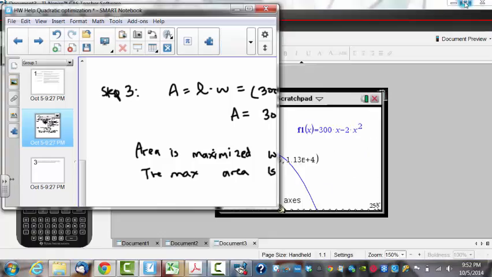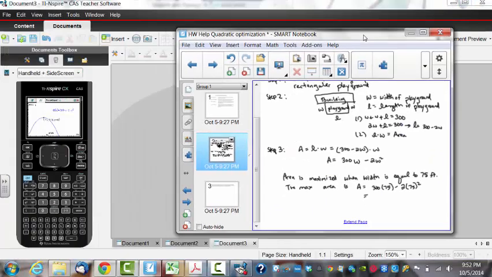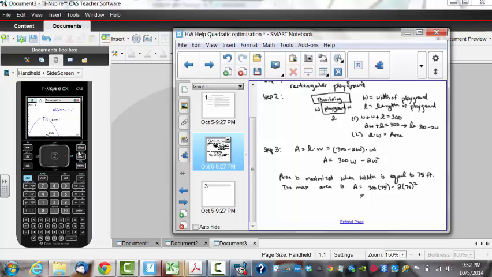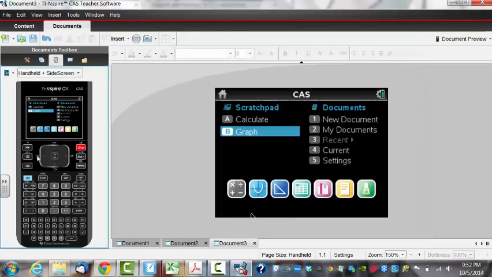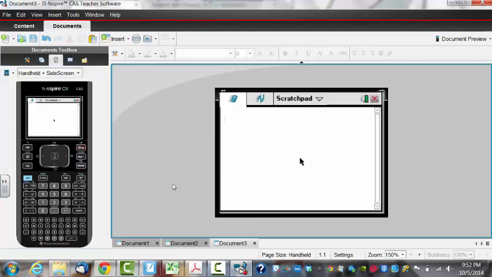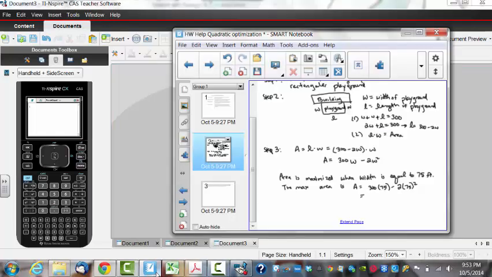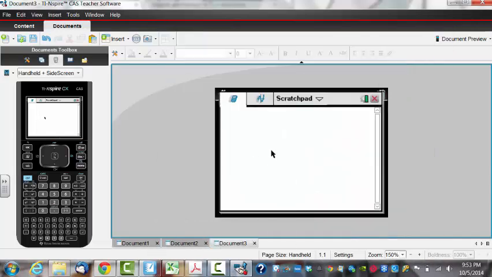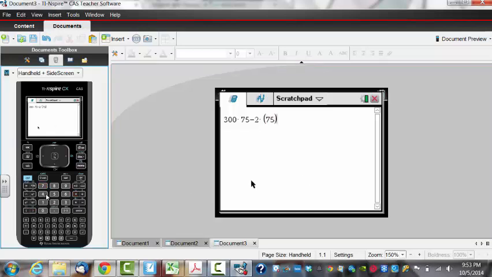So when I calculate it here, 300 times 75 minus 2 times 75 squared. There we go. And what do we get for the maximum area?